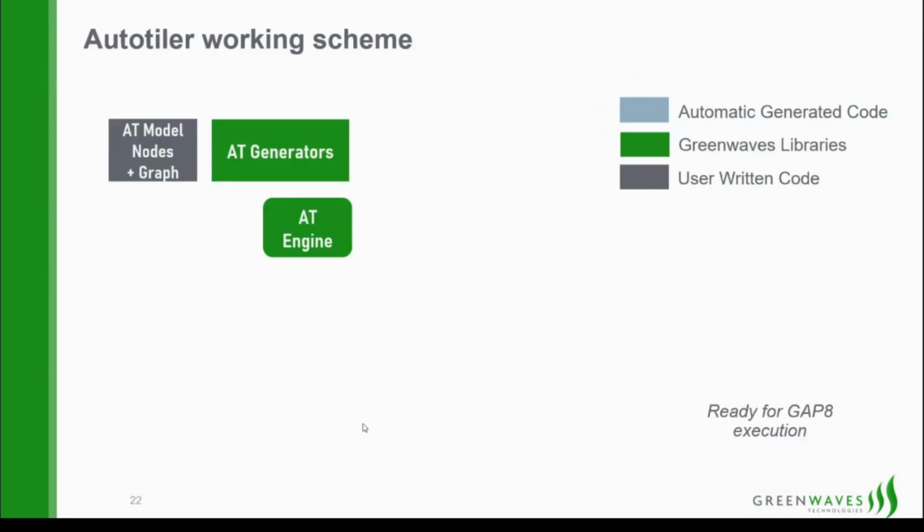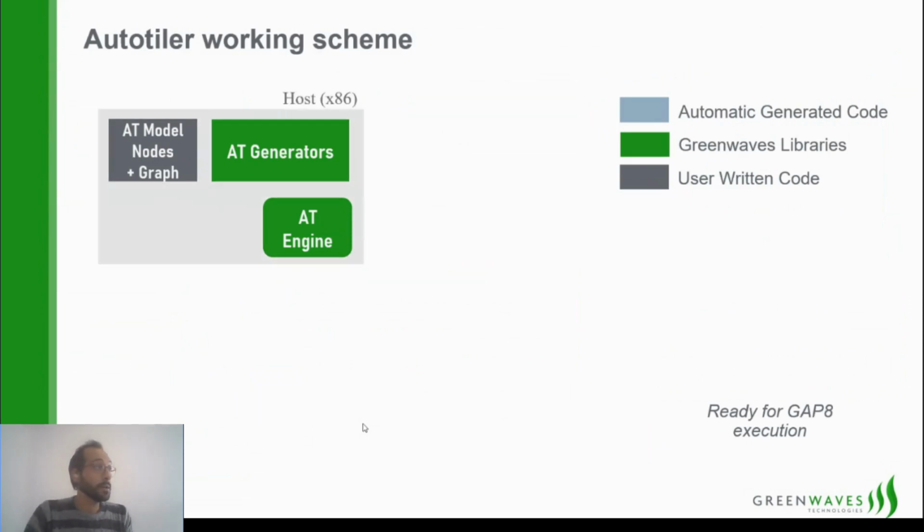From a working point of view, this is the working scheme of the autotiler. We have these models, which express the nodes in our network plus the graph. Then we call generators, for the layers, the grouped layers that we have in our network, and this is executed on the host using the autotiler engine.